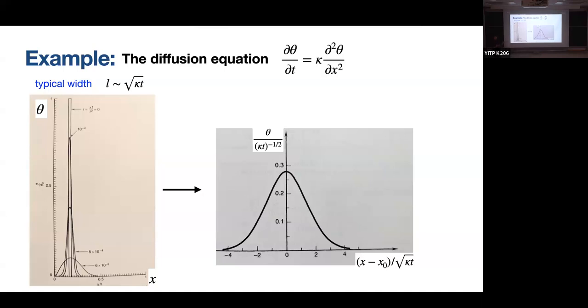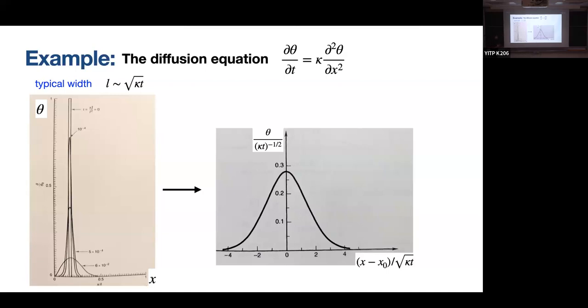It's very simple to show from the equation that the typical width of the profile goes like the square root of the time. The peak of this profile changes in the opposite proportion, like t to the minus 1/2, just from energy conservation.